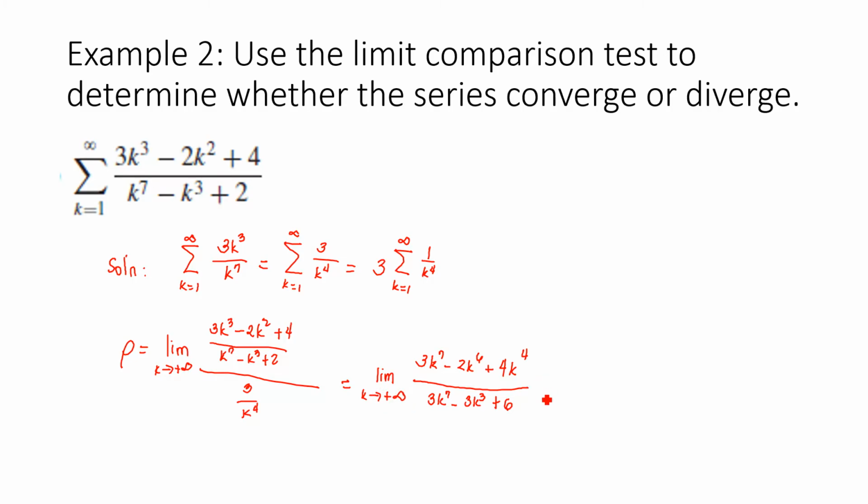So in this case, we are going to divide the numerator and denominator by k^7.